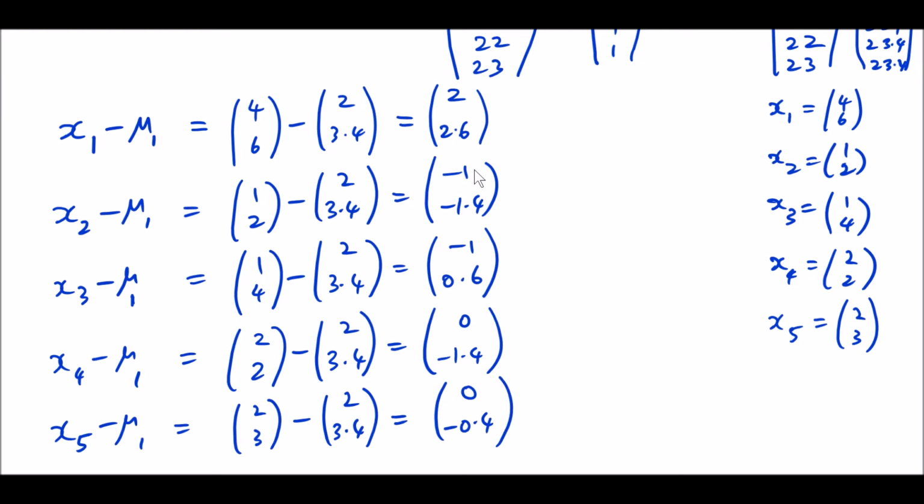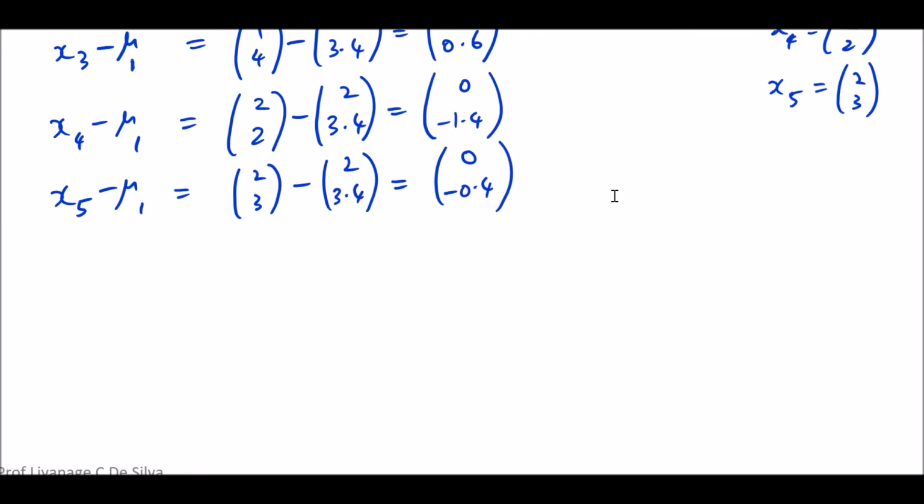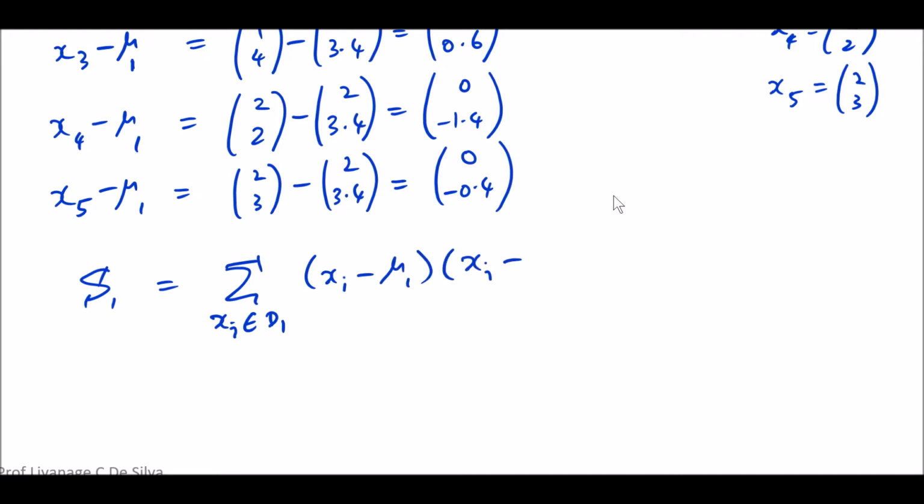This is our first data set, for which we need the scatter: the sum over xi in D1 of xi minus mu1 times xi minus mu1 transpose.